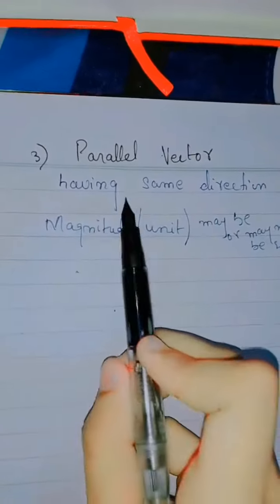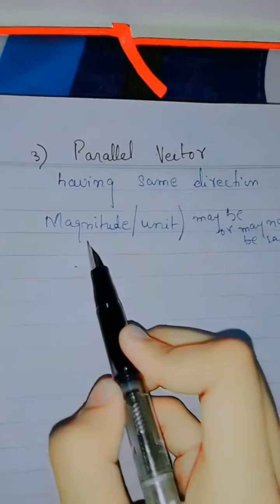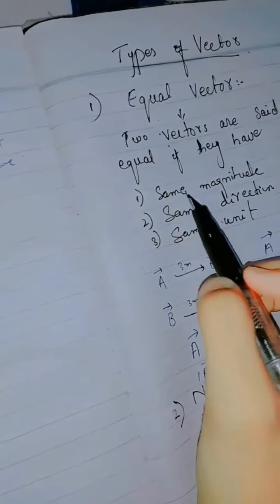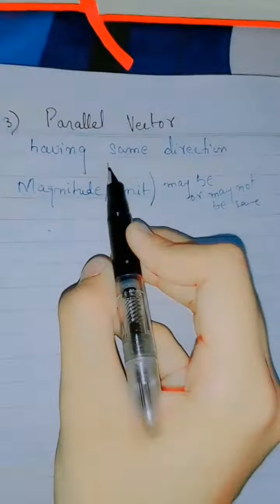If we have the same direction, same magnitude, same unit, that will be called an equal vector. If we have same direction, but magnitude changes and unit changes, that will be called a parallel vector.